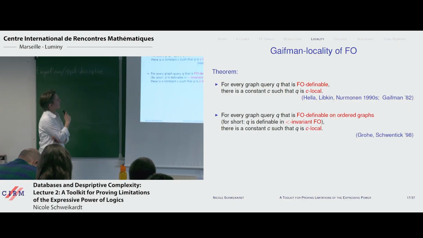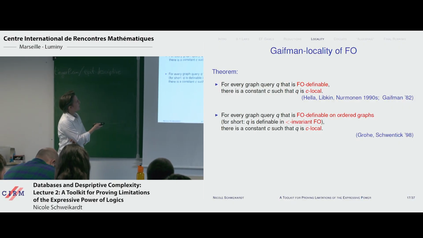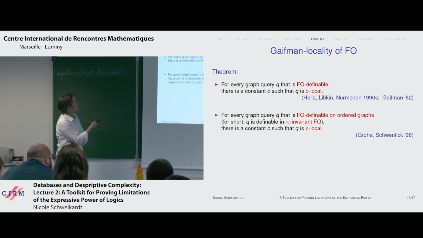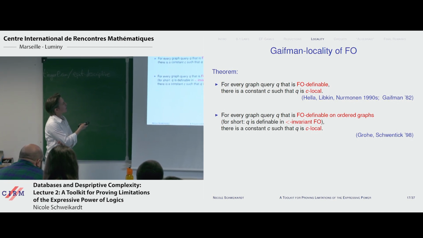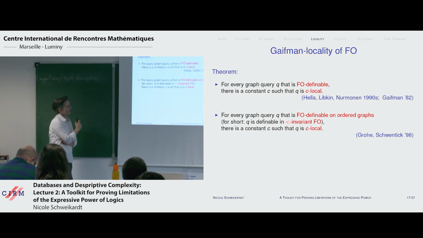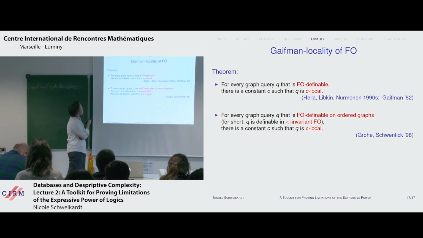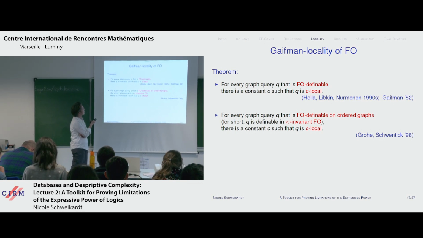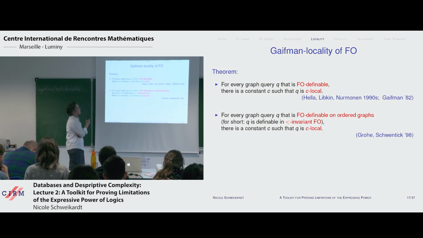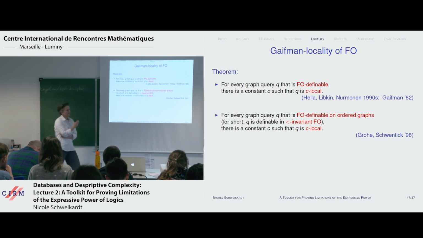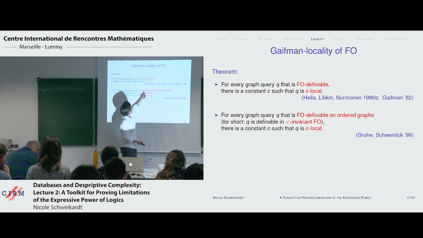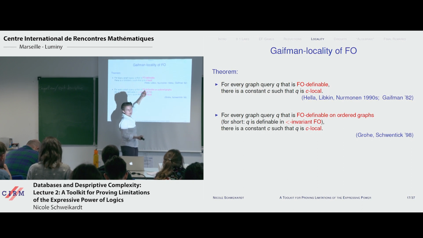And there was an extension by Grohe and Schwentick to order-invariant first order logic. So what does that result say? For every graph query Q that's first order definable on ordered graphs. First order definable means you have first order logic where you use the edge relation.